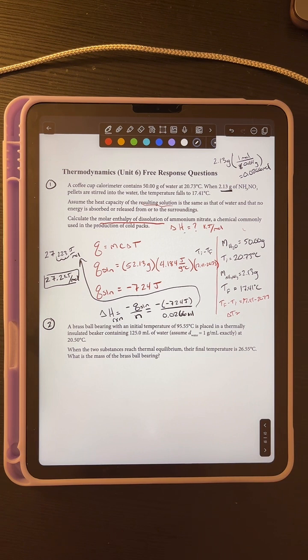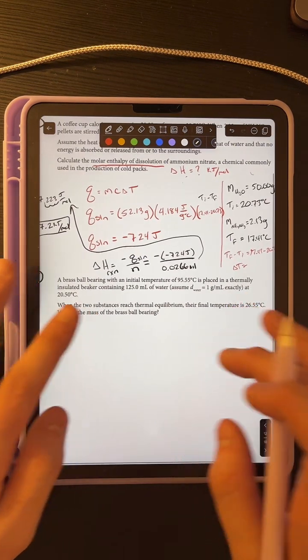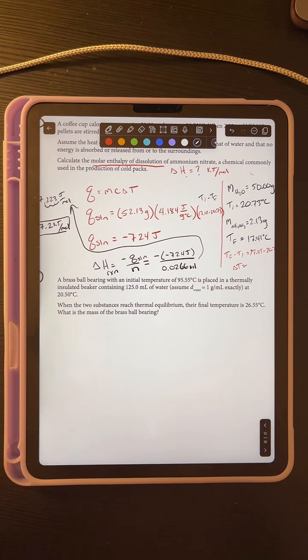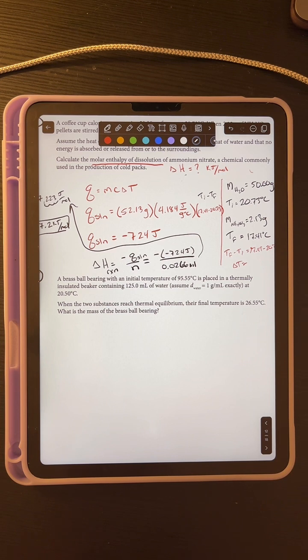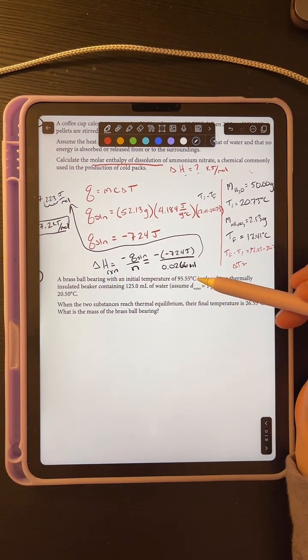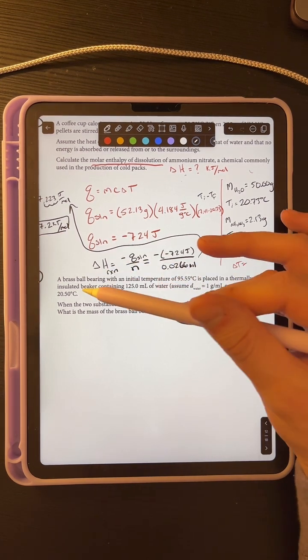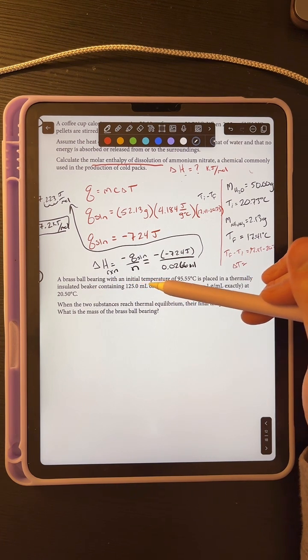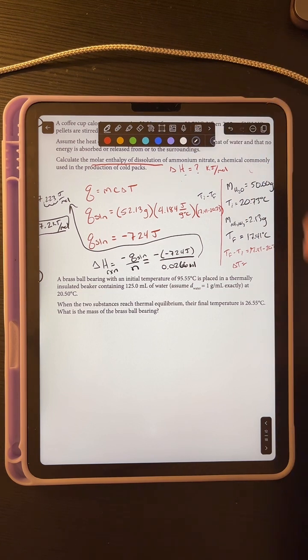Let's go on to the next one, because I think this will help clarify some stuff, and I'll explain it in one way and then I'll explain why it works another way. So let's see. A brass ball bearing with an initial temperature of 95.55 degrees Celsius is placed in a thermally insulated beaker containing 125 milliliters of water, and we can assume that the density of water is 1 gram per mL.